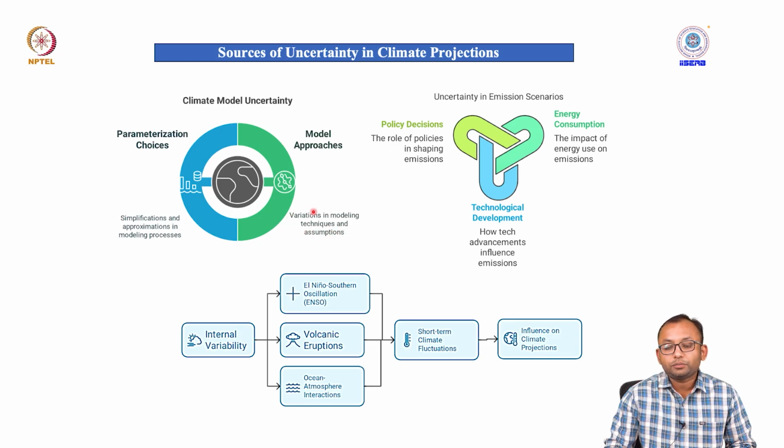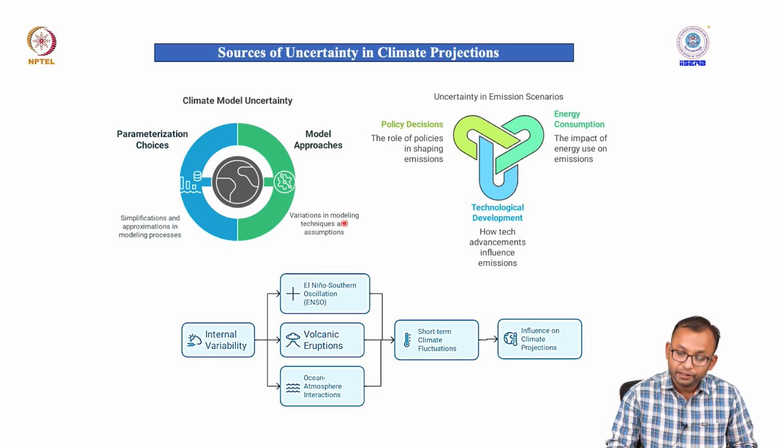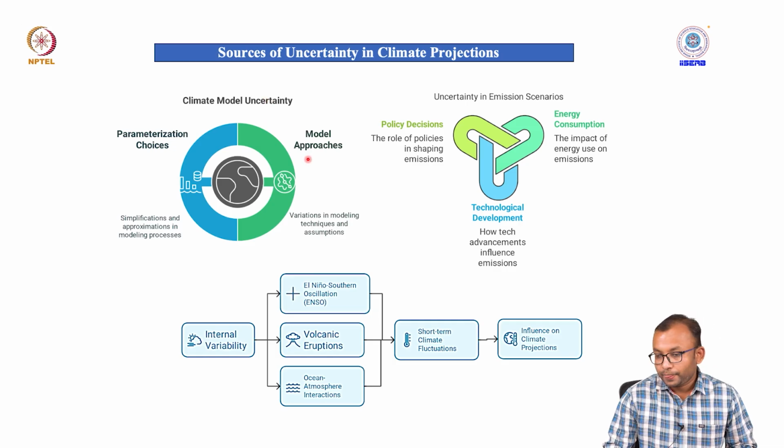If you are assuming different techniques or assumptions, or missing some processes in the modeling itself, it can also create some uncertainty in the model approach. So, when we are developing a climate model, primarily the parameterizations and the process interpretation or process incorporation in the model setup itself can lead to model uncertainty in our climate modeling setup.